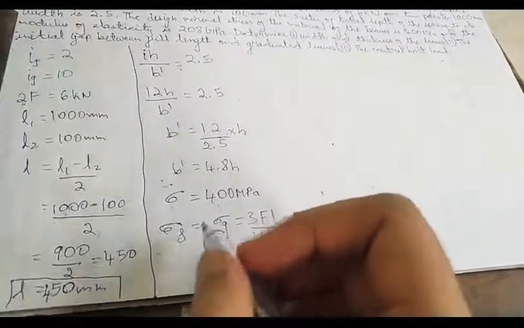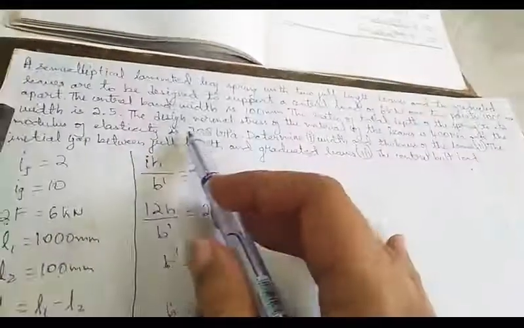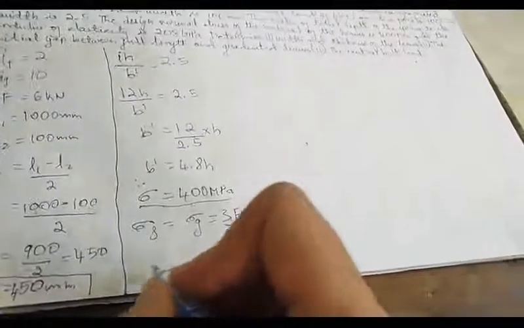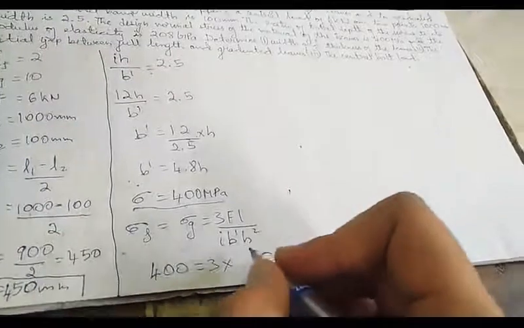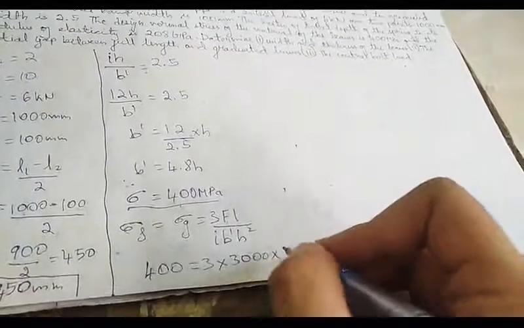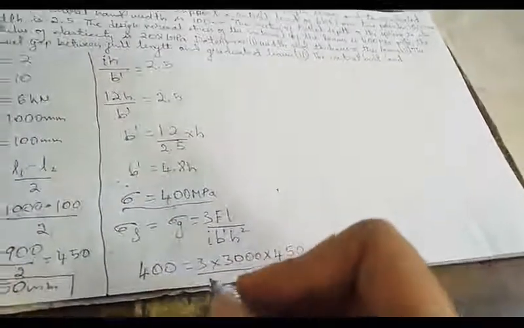In the question they have given the stress as 400 MPa, and they have given modulus of elasticity as 208 GPa. We shall take that as E. Stress: 400 is equal to 3 into F, F is 3 kilonewton, into L is 450, I is 12.